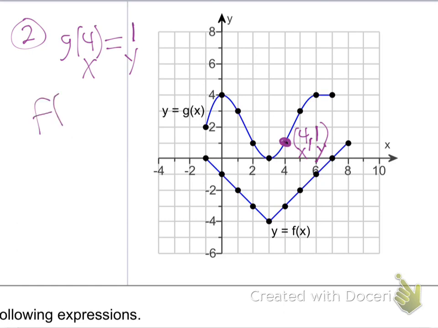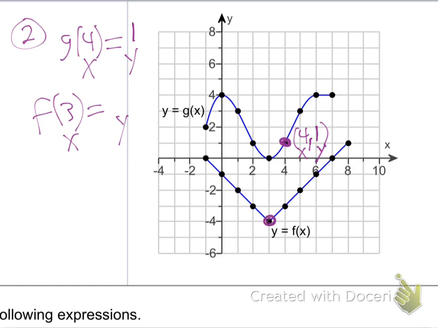How about if I gave you f of 3? So we go to the f graph, the bottom V graph, and find the point with an x value of 3, and find the y value that goes with it.